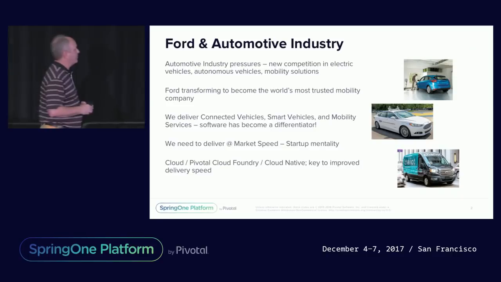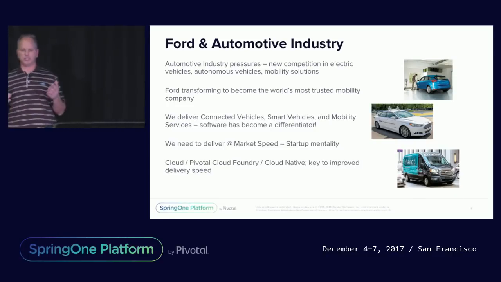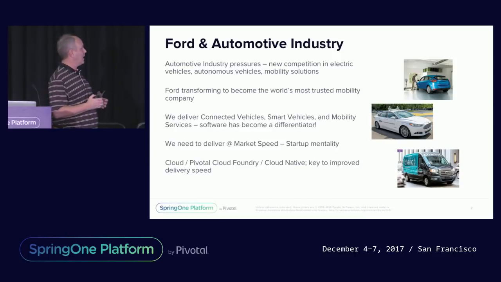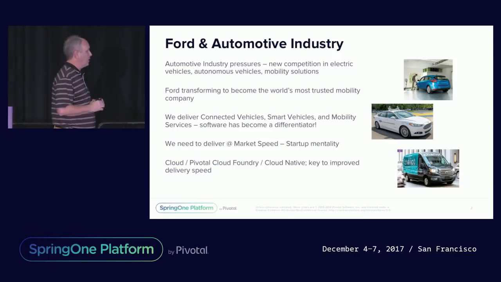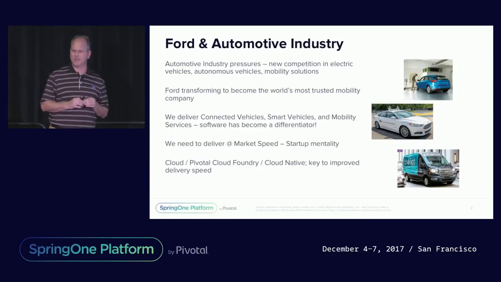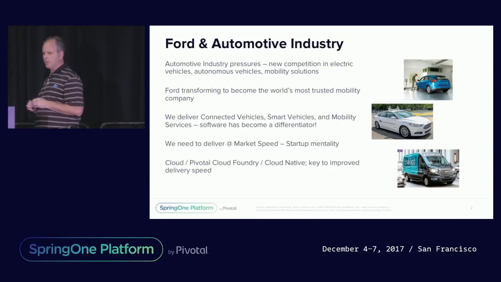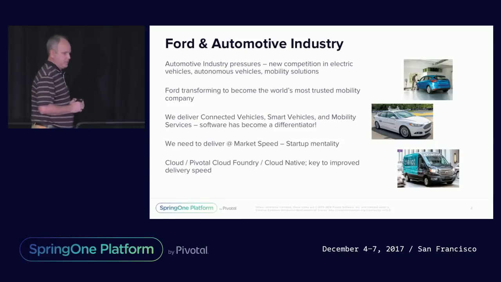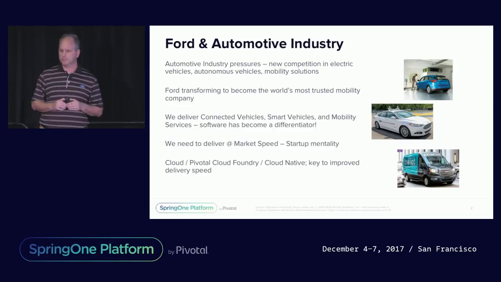So first and foremost, just an introduction to Ford and the automotive industry. Ford, we are a 114-year-old company. We're number 10 in the Fortune 500. We did $150 billion in revenue last year. We sold 6.5 million vehicles.